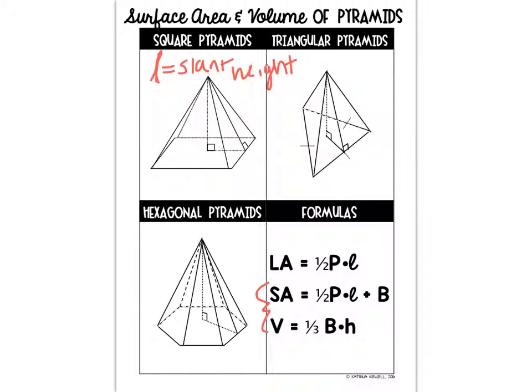My slant height is in the same spot on all of these, so I'm going to go through and label that on each of my diagrams. Then we have our side lengths, which we'll call S, and we have our height.